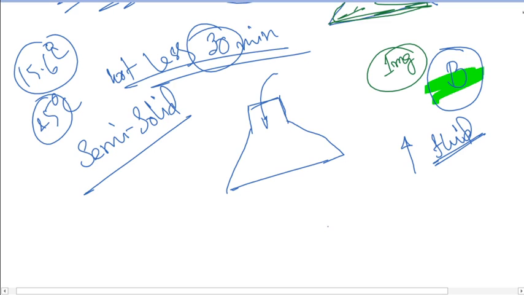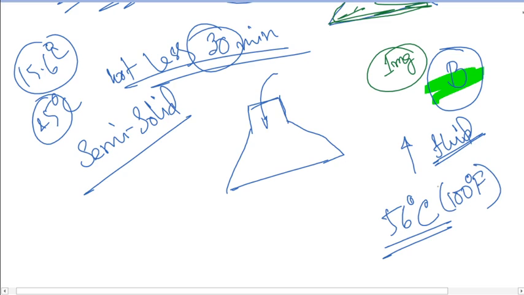You can only raise the temperature not more than 56 degrees centigrade, or 100 degrees Fahrenheit. Sorry, I misinterpreted this: not more than 56 degrees above the expected softening point of the tar.